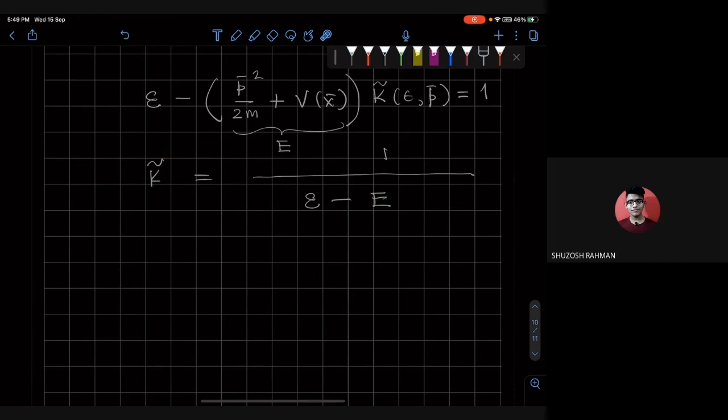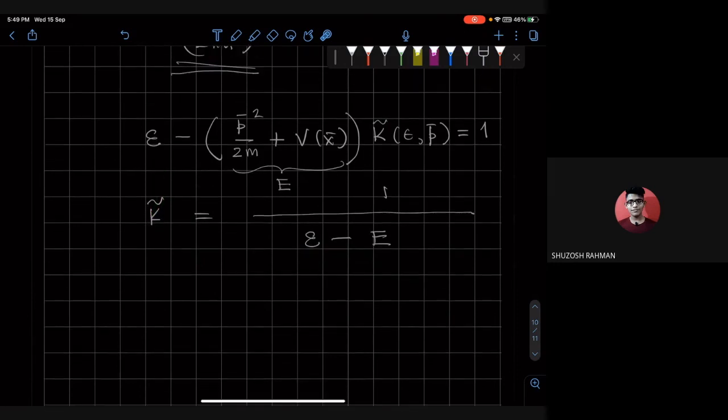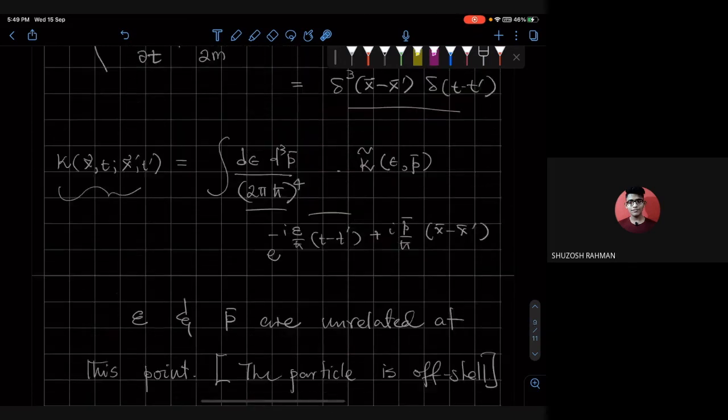It blows up, right? Because the denominator becomes 0. So therefore, this solution is not well defined because this epsilon integral is not well defined. So we have to specify how to do this integral.